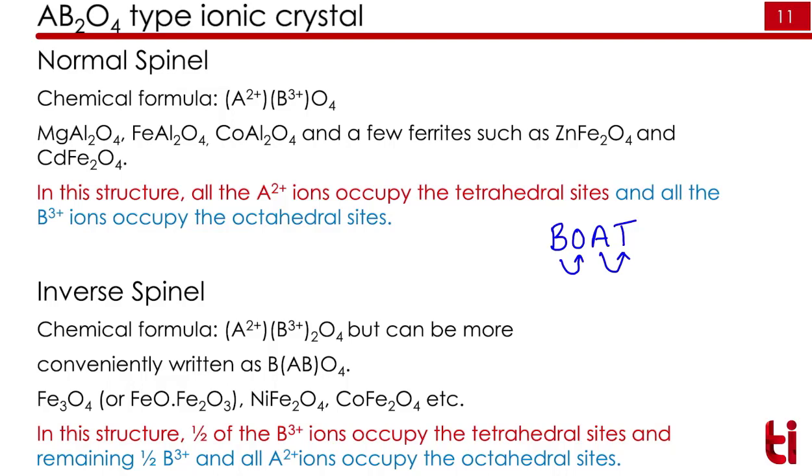In inverse spinel, the formula is A2+ B3+ by 2 O4. Typical examples are Fe3O4, NiFe2O4, CoFe2O4.